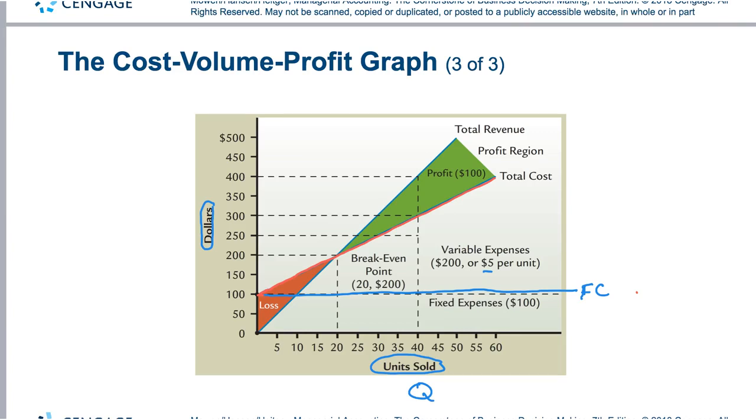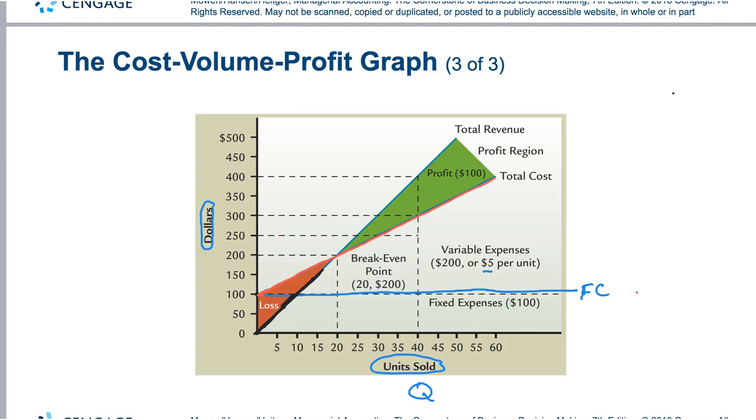And our fixed cost is 100. And then our revenue, right? I'll make the revenue line blue, maybe black. So our revenue line at 0 units sold, we have 0 revenue. It goes up. It goes up. We still have lower revenue.